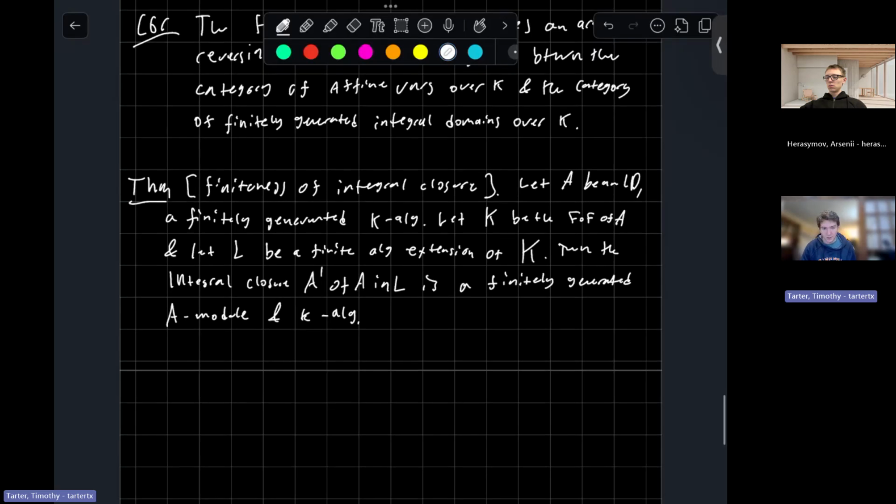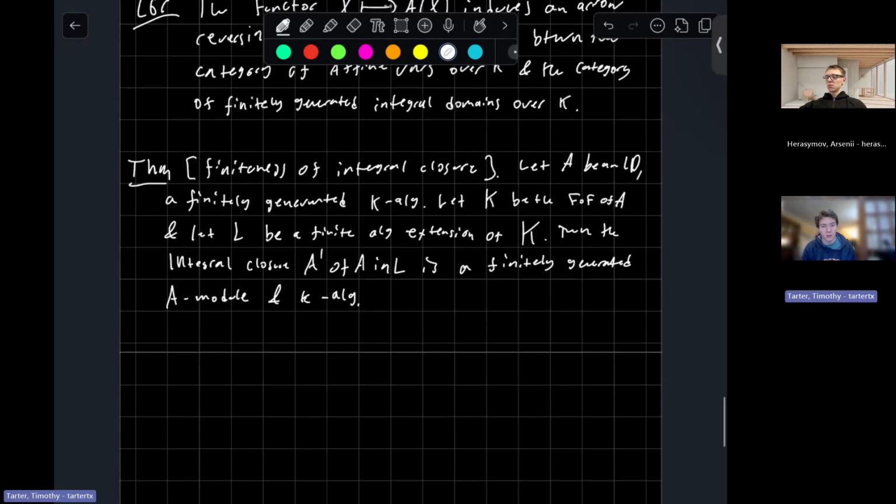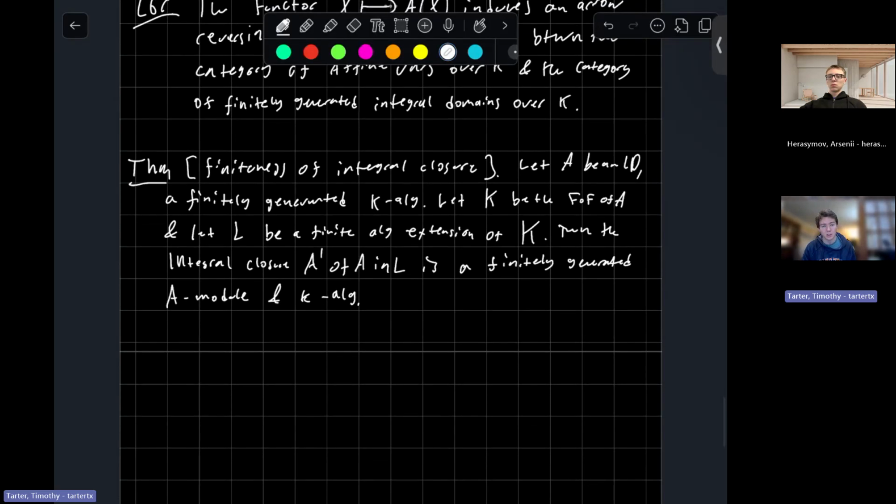Basically the whole point is that the integral closure in a field extension of the field of fractions is a finitely generated A-module. This lets us look at things in terms of vector spaces, basically. It is related to the idea of Hilbert's basis theorem inducing the whole finitely generated ideals thing.